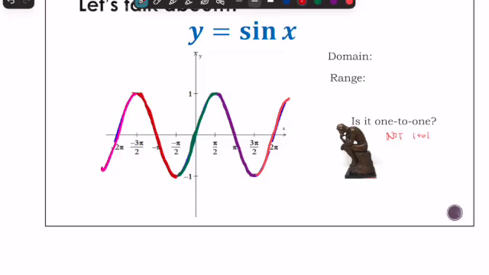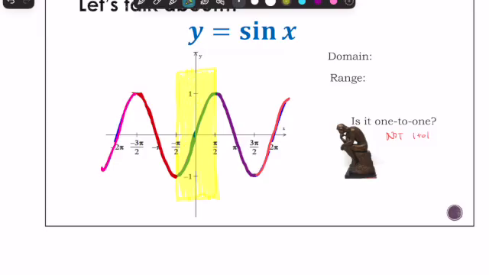What we will typically do is pick one of those. Being that we like things centered around the origin, we're going to look at this area in here. This is where we're going to restrict the domain of sine.